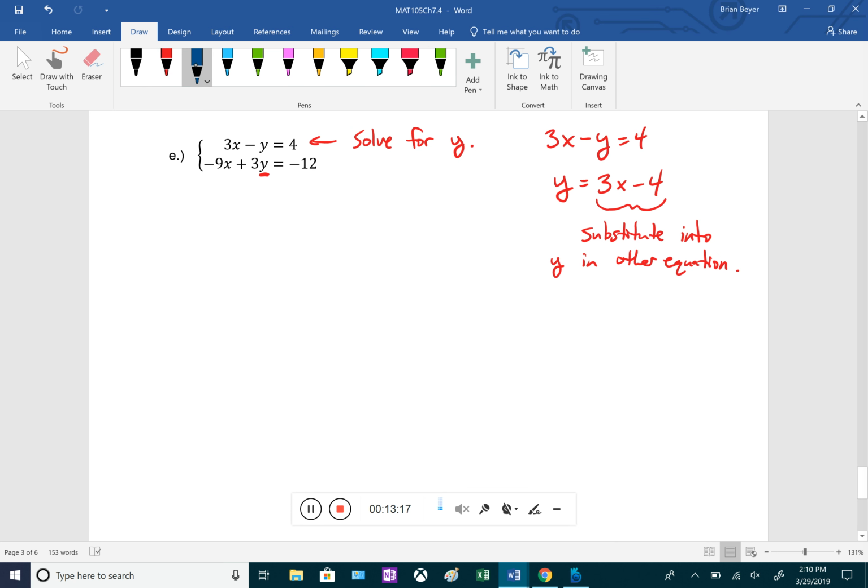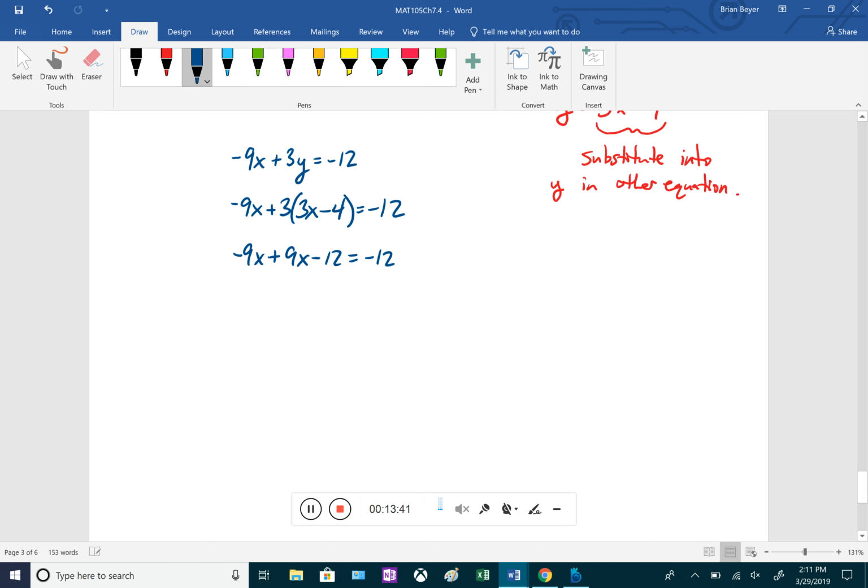With the other equation, we have negative 9x plus 3y equals negative 12. Plugging in for that y expression in terms of x, it's going to be 3 times (3x minus 4) equals negative 12. Then we solve this for x. We have to distribute that 3, so we're going to get negative 9x plus 9x minus 12 equals negative 12.